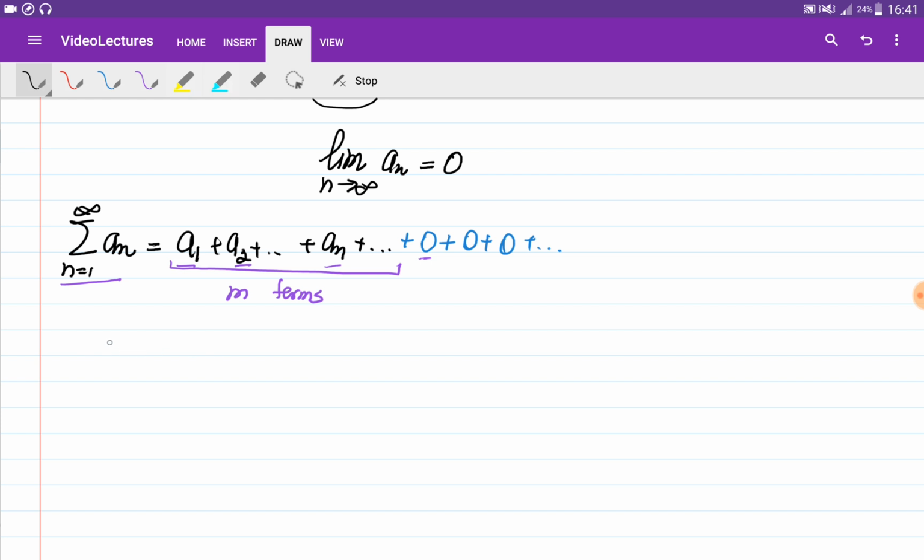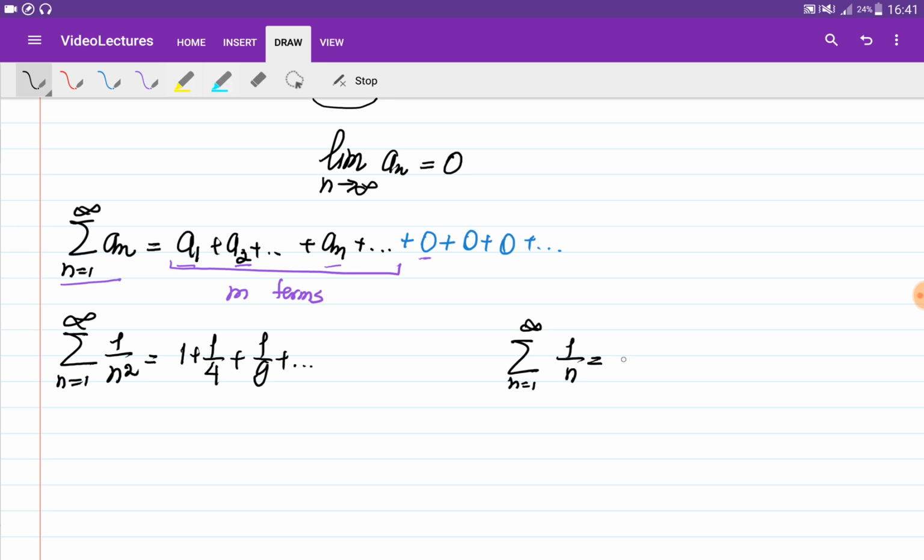Sometimes, for example, for this series, n goes from 1 to infinity, 1 over n squared. Let me write this as 1 plus 1 over 4 plus 1 over 9 plus and so on. The terms are becoming 0 faster than in this other case, n from 1 to infinity, 1 over n, which can be written as 1 plus 1 over 2, 1 over 3, and so on.